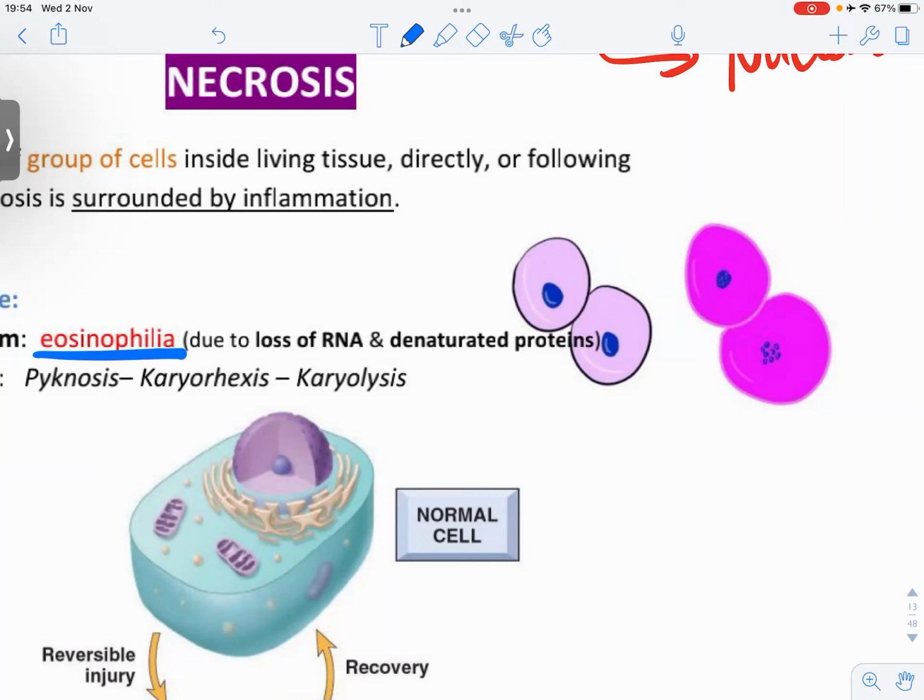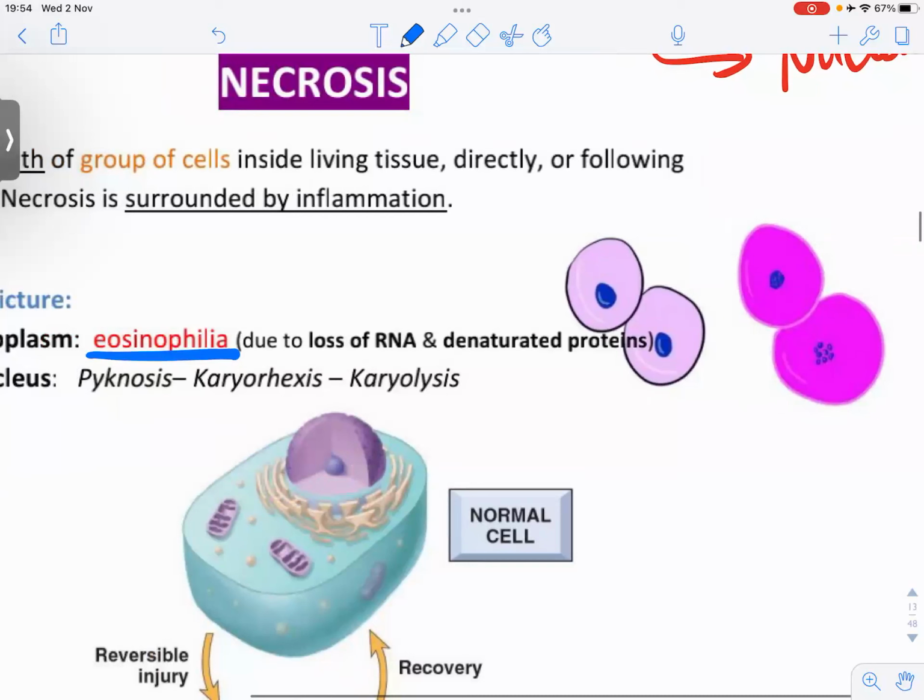So these proteins are free, and they are denatured, meaning broken down. A lot of protein metabolites will be accumulated inside the dead cell, and we said that the proteins are eosinophilic in color.